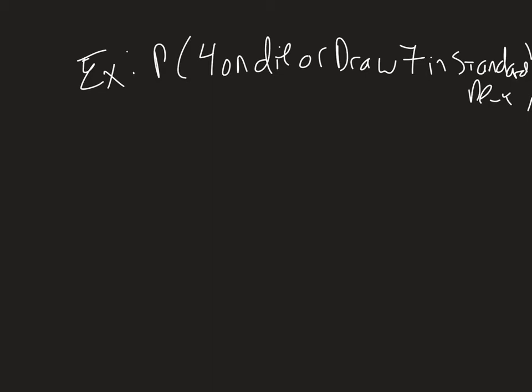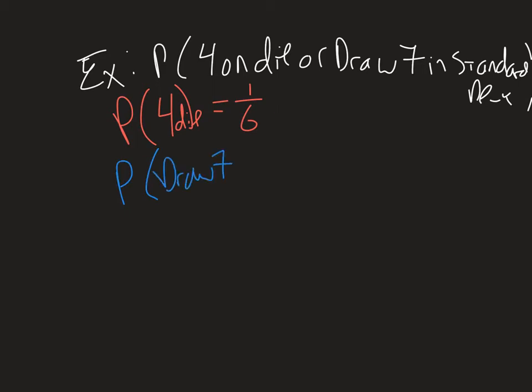So let's look at the probability of rolling a 4 on a die. Okay, that would also be 1 out of 6. Okay, and then we're going to have the probability of, let's say, drawing a 7. Well, there's 4 7s out of 52 cards total.